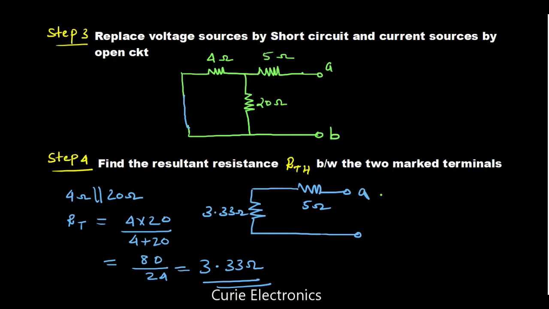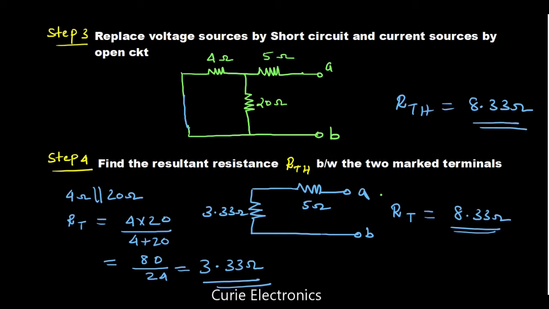Now between A and B we want to know the total resistance. This is a series resistance, so RT equals the sum of these two resistors. So it is 8.33 ohm. So now we got RTH also. RTH equal to 8.33 ohms. Now we will draw the equivalent Thevenin circuit and solve the problem.